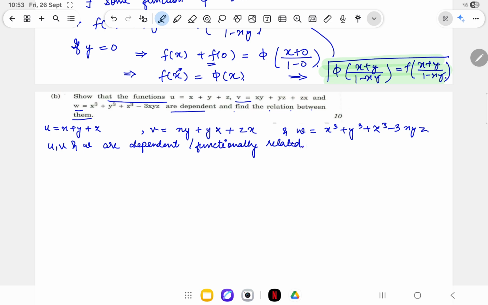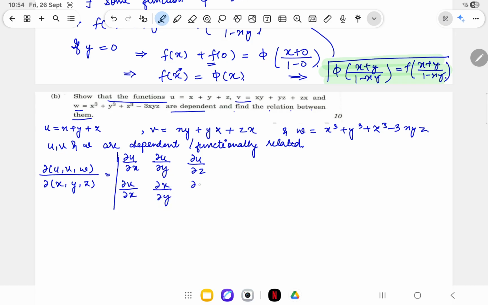So to prove that, we are supposed to find out its Jacobian, that will be del of u, v, w with respect to del of x, y, z, and it will be del u by del x, del u by del y, del u by del z, and here it will be del v by del x, del v by del y, and del v by del z, and del w by del x, del w by del y, and del w by del z.